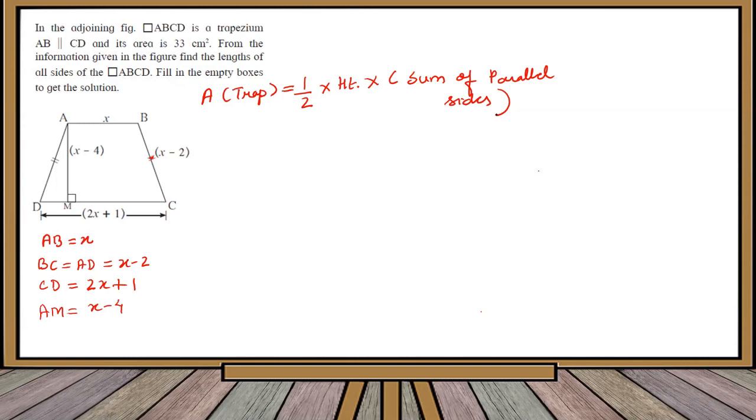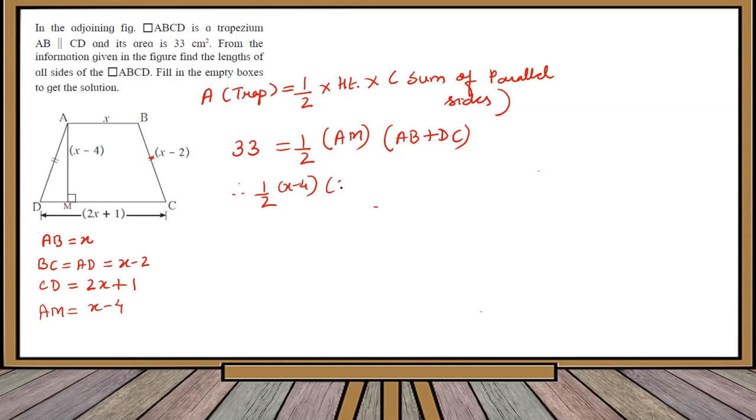Now area of trapezium is given, that's 33 centimeters square, which is equal to half. And what's the height? Height is AM, into sum of parallel sides. So AB and DC are my parallel sides, into AB plus DC. So let us substitute. Half into AM, which is x minus 4, into AB plus CD.